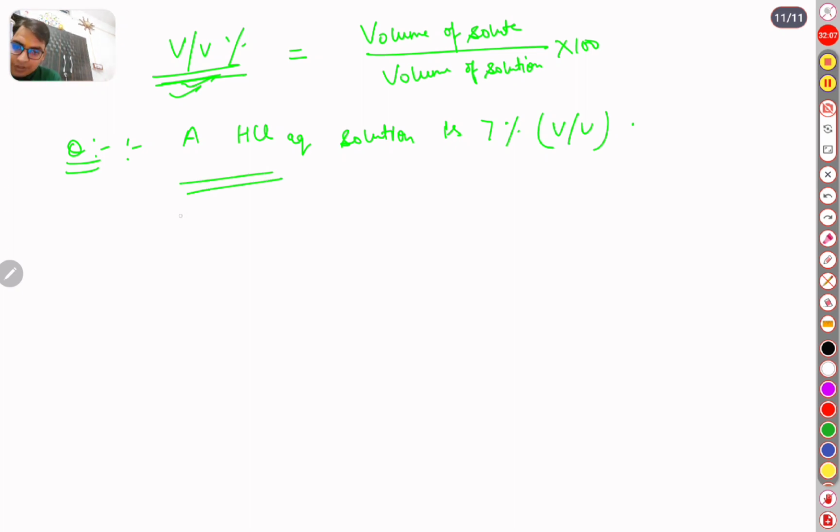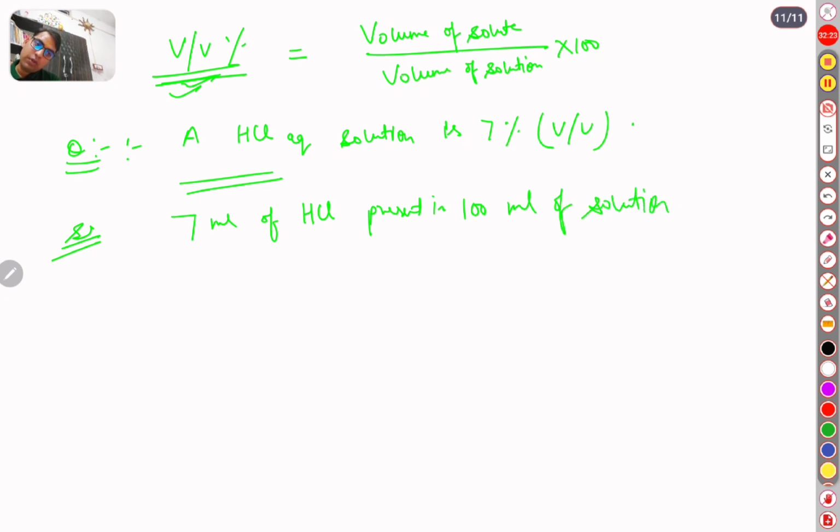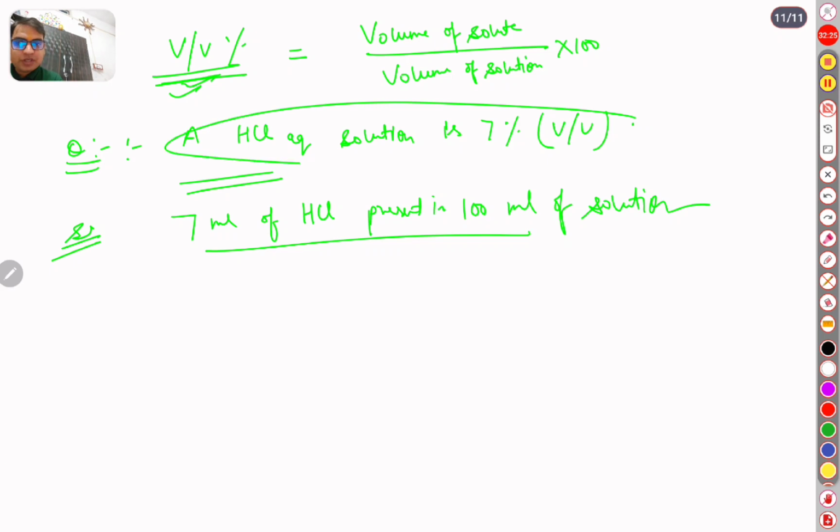It means that 7 ml of HCl is present in 100 ml of solution. Now you have to solve this question. It is a very easy question, and I hope you understand properly.